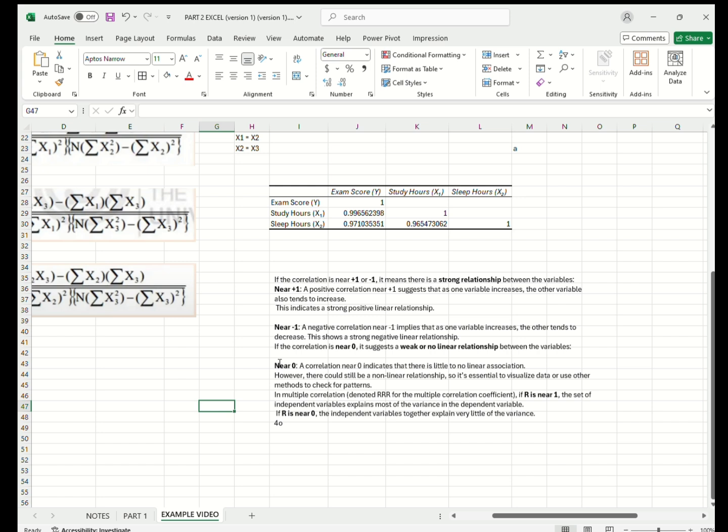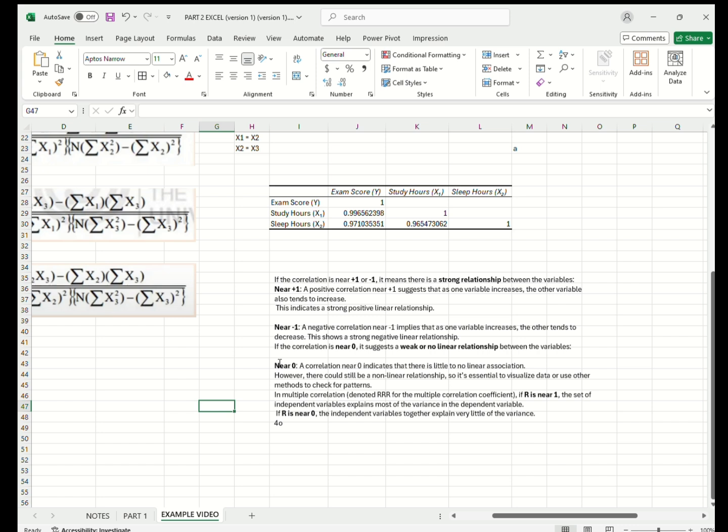Take note that if the correlation is near positive one or negative one, it means that there is a strong relationship between the variables. A positive correlation near positive one suggests that as one variable increases, the other variable also tends to increase. This indicates a strong positive linear relationship. And if it's near negative one, a negative correlation implies that as one variable increases, the other tends to decrease.